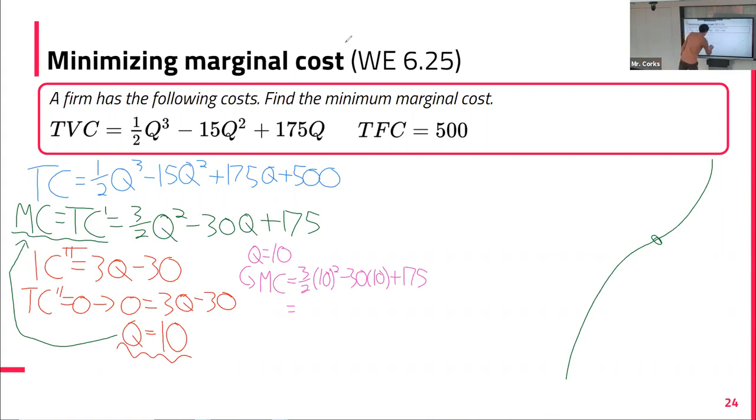And I worked out 25 here. So 150 minus 300 plus 150 plus 25, so just 25. So here's the location of our minimum marginal cost, and then here's the actual minimum marginal cost.